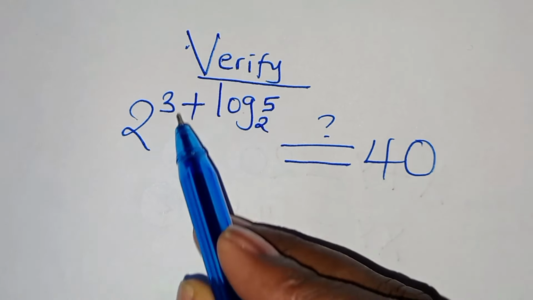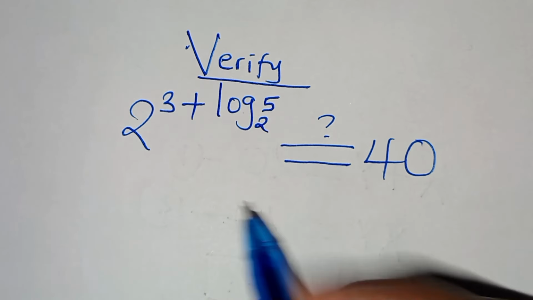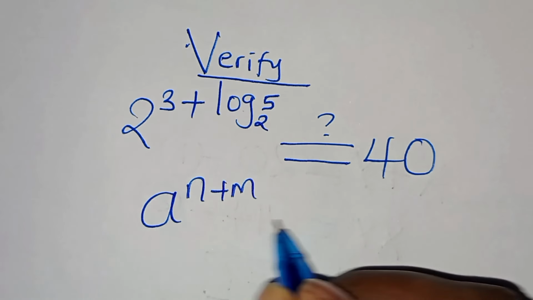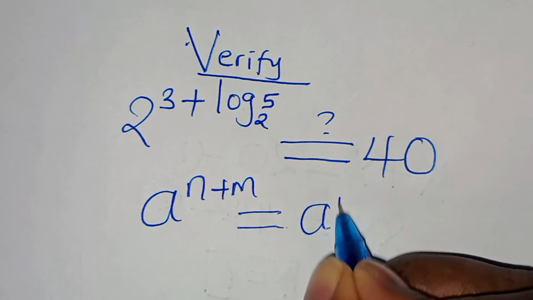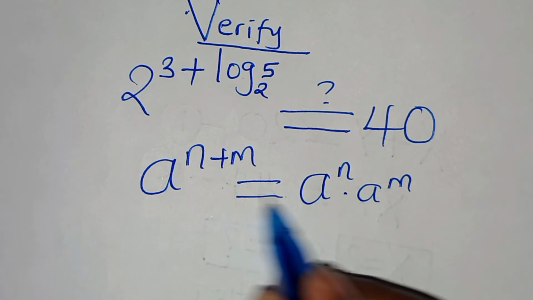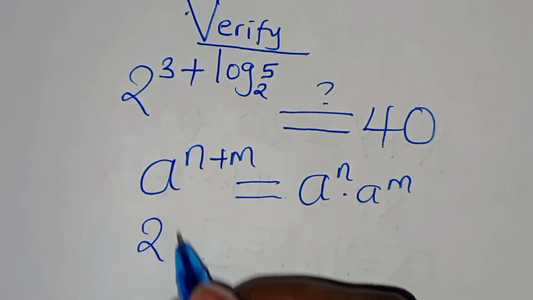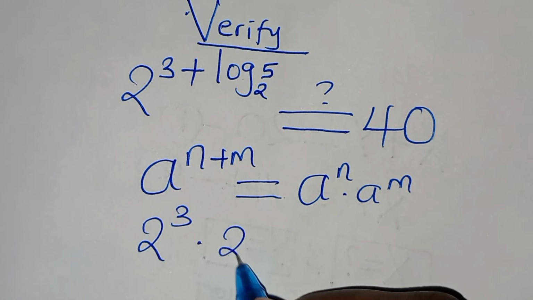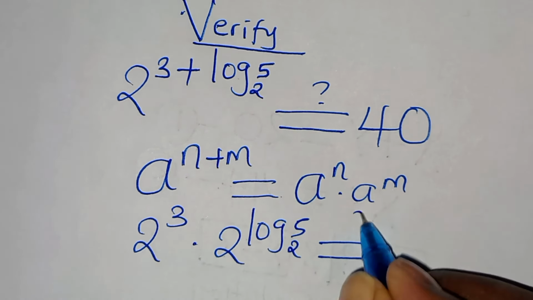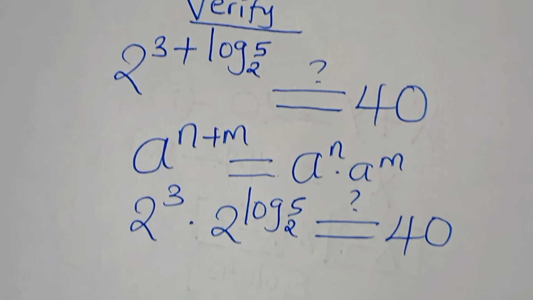Now we have 2 to the power of 3 plus log 5 to base 2. This is in the form of a to the power of n plus m, which we can express as a to the power of n times a to the power of m. Applying this exponent property, then here we have 2 to the power of 3 times 2 to the power of log 5 to base 2. This should give us a value of 40.